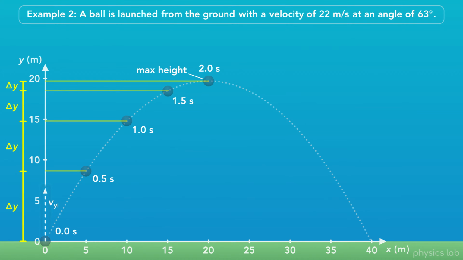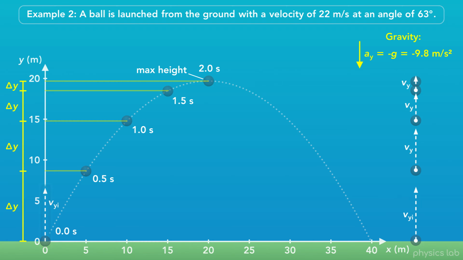Now let's look at the vertical motion during the period when the ball is moving up. The distance between each height is getting shorter over time. Why is that? Gravity is acting downwards, in the opposite direction as the velocity. If the velocity is positive and the acceleration is negative, the velocity will decrease over time, and the ball slows down in the vertical direction.